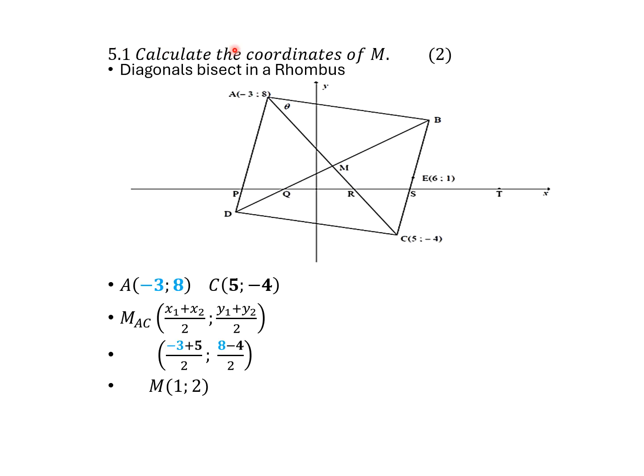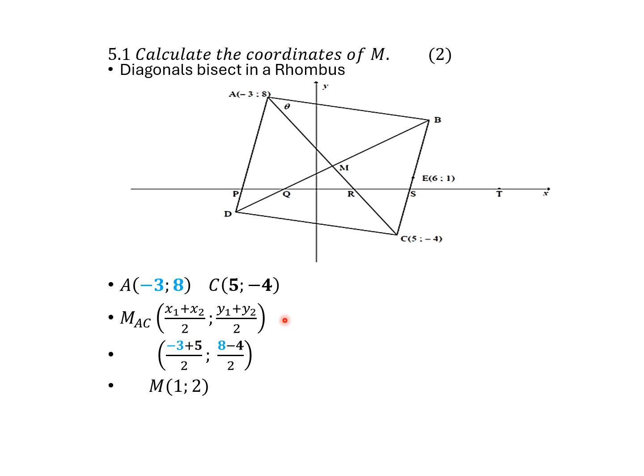So 5.1, calculate the coordinates of M. So diagonals bisect in a rhombus, so M is a midpoint. So A is minus 3 and 8, C is 5 and negative 4. So for midpoint of AC, say x1 plus x2 divided by 2, y1 plus y2 divided by 2.